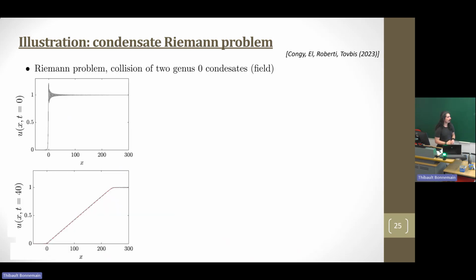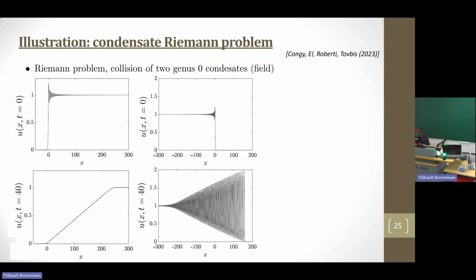In terms of the wave field, that's what it looks like. You start with genus 0, say on the left and the right, that you here approximate using an n-solution. Similarly, if I take the opposite way, you have genus 0 here, and this will decompose into a dispersive shock wave, which is a modulated genus 1 solution.